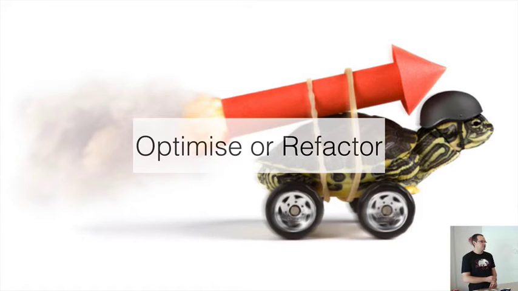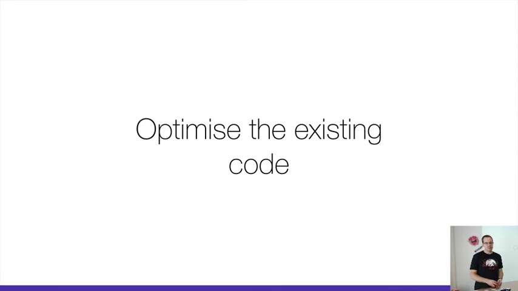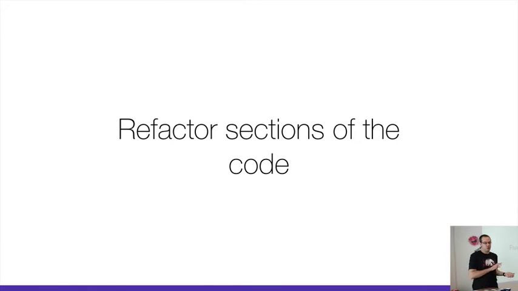And the final way you might want to contribute to an existing project is to optimize or refactor some code. You can optimize the existing code, which could be fixing performance issues and optimizing it to work better. Or you could get involved in refactoring. Sometimes there are methods in open source projects that work, but were written quickly, and the original author might not even be happy with them.